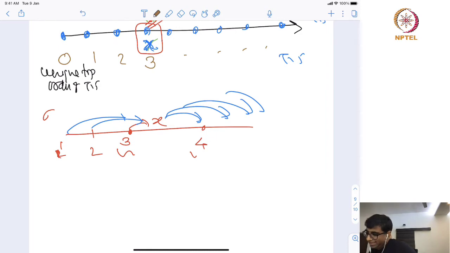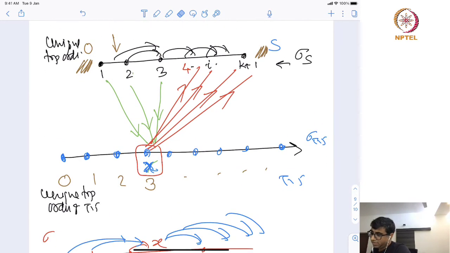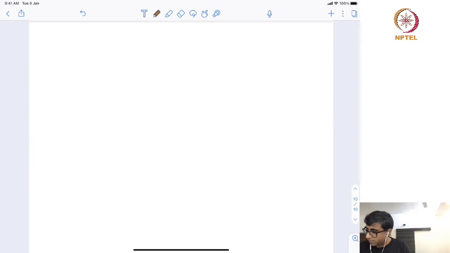Now let's look at sigma t minus s. So this is a location, and these are the vertices which will go into the location.